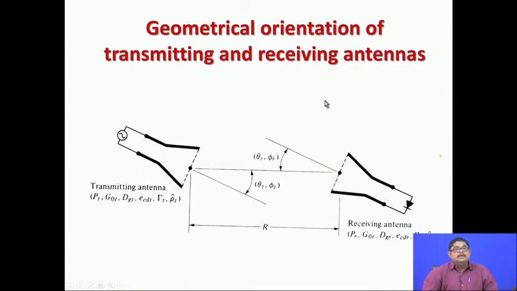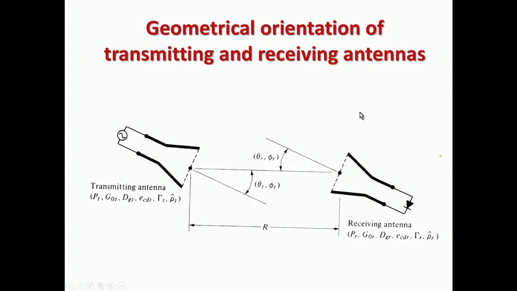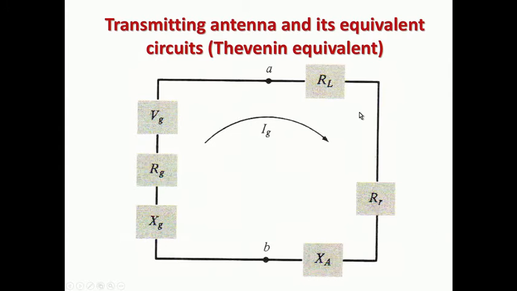Gain of an antenna we defined as a function of theta and phi, but the maximum radiation we generally call gain. So, for gain measurement we assume this structure, and there are various gain measurement options.